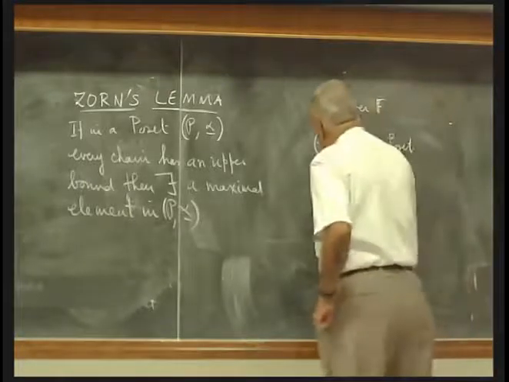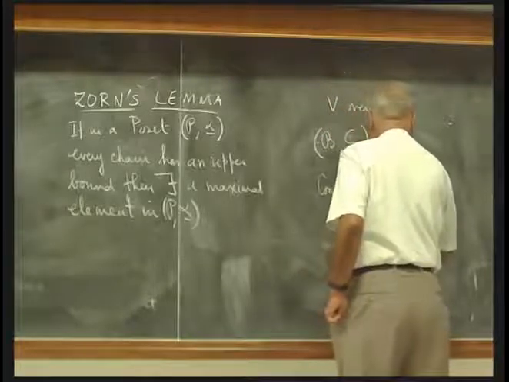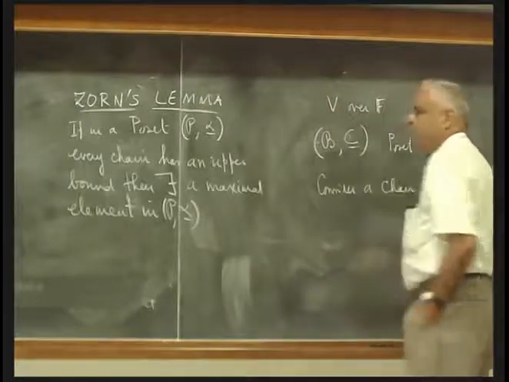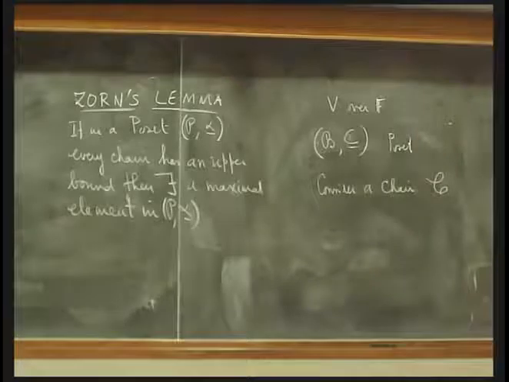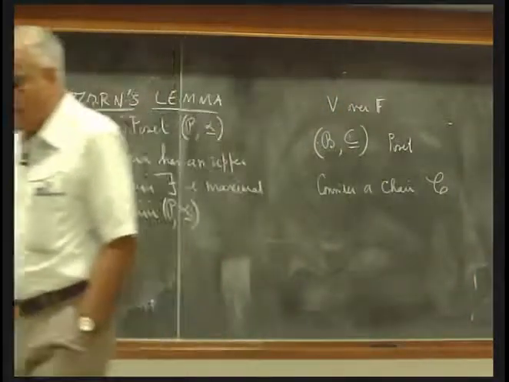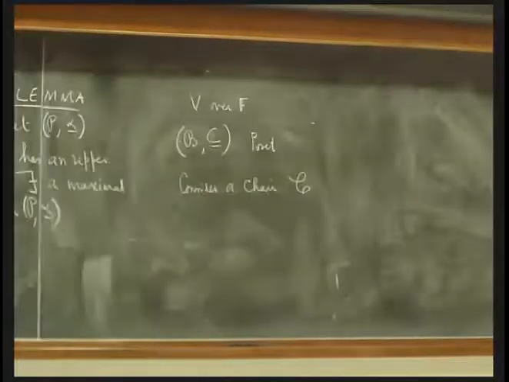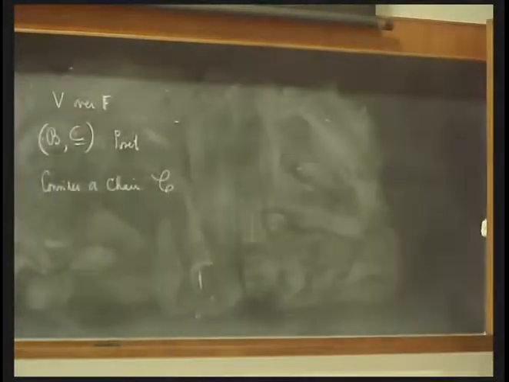Consider a chain. What is a chain? It is a subset of the poset. That is, the elements of the chain are elements of the poset. The elements of the poset are linearly independent sets.